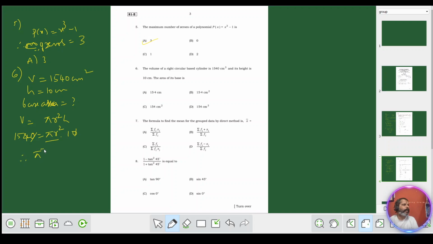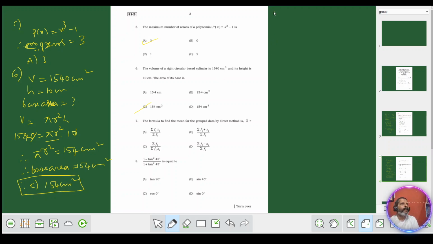Therefore pi r square is equal to 154 centimeter square. That is, base area is equal to 154 cm square. Answer is C, 154 cm square. Though you solve the problem, please make sure you pick the correct MCQ option.